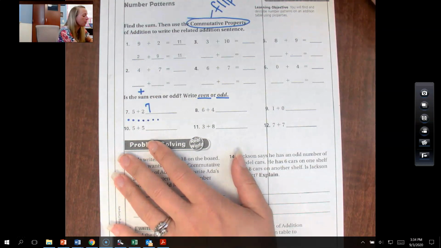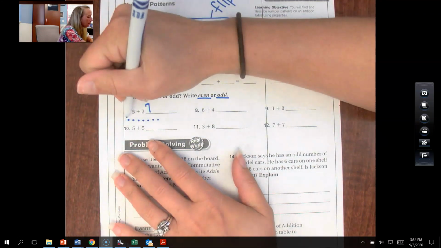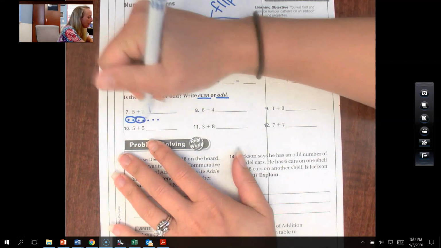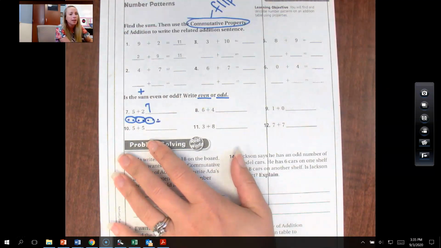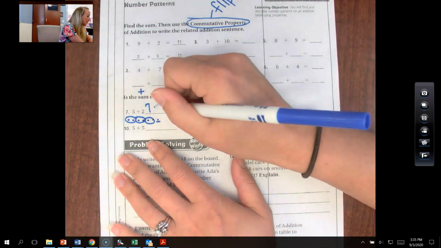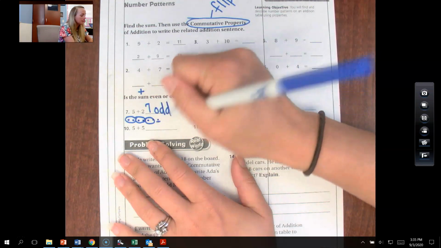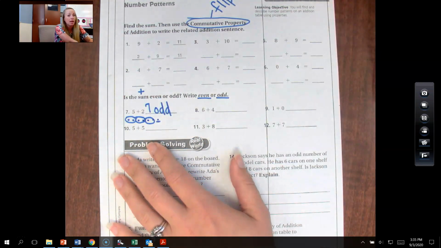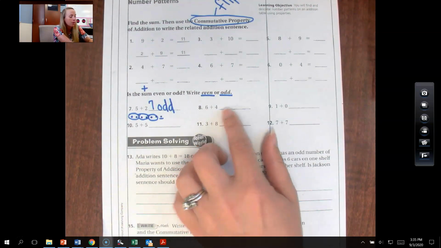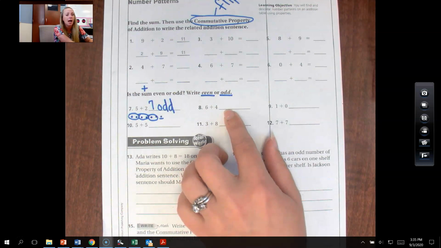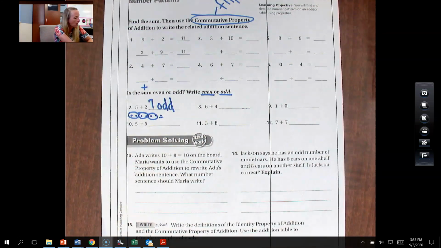If it's odd, there'll be an odd man out. Buddy, buddy, buddy, odd man out. Number 7 is odd. You will do the same thing for numbers 8 through 12. Please add them up, put a sum, and you have to decide if it's even or odd.